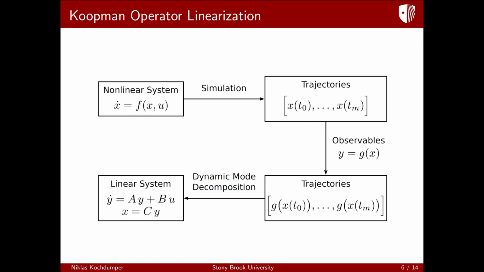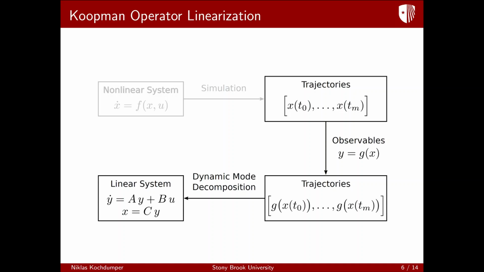So we first decide on an observable and then just kind of hope that the space we found has linear dynamics. And the great thing about this process is, since we're working with data anyway, we actually don't even need a nonlinear system model. So there's no requirement for a nominal model because we can directly identify the Koopman model from the measurements we have from the real system, which is one of the great advantages of the Koopman framework.